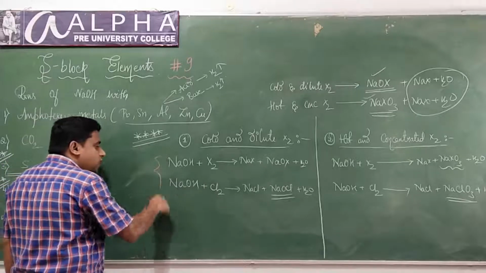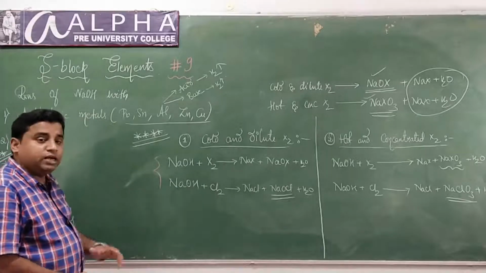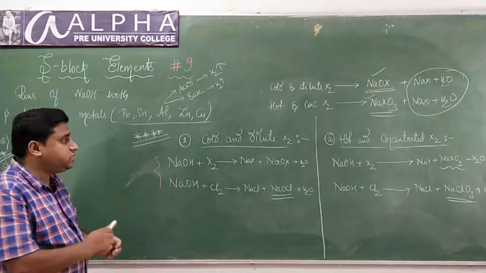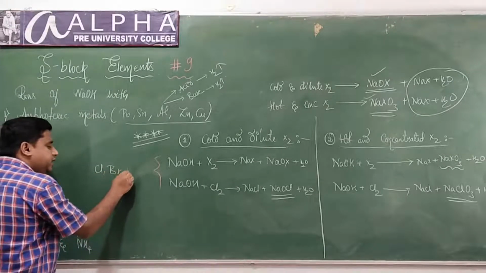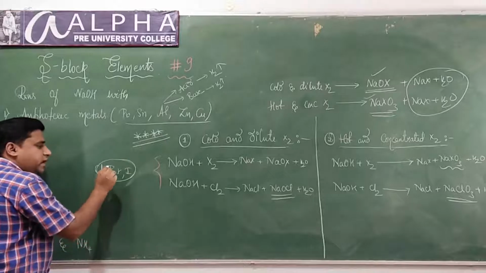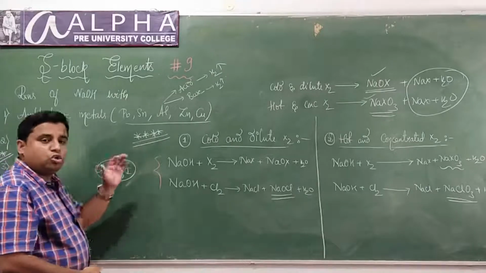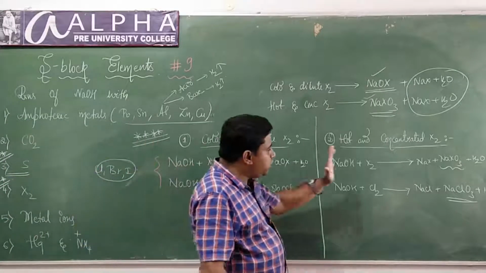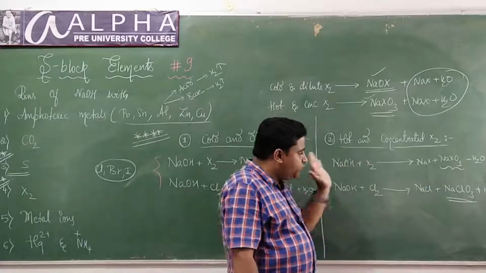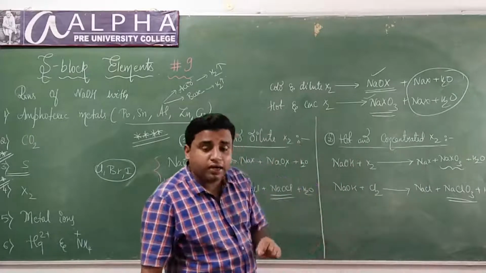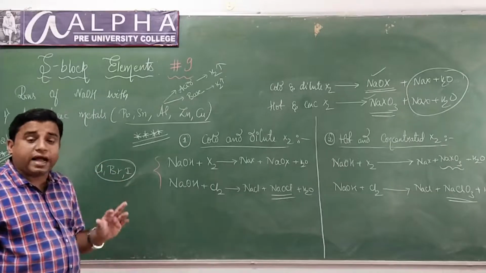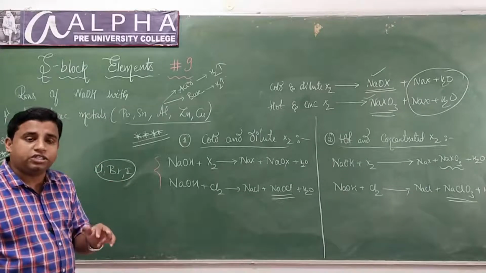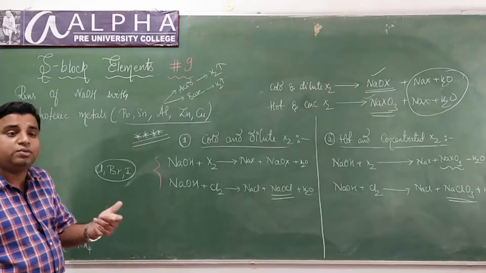This is how chlorine, bromine and iodine react with cold and dilute NaOH and hot and concentrated NaOH. But when fluorine reacts with sodium hydroxide, the reaction goes in a different way and different products are formed.